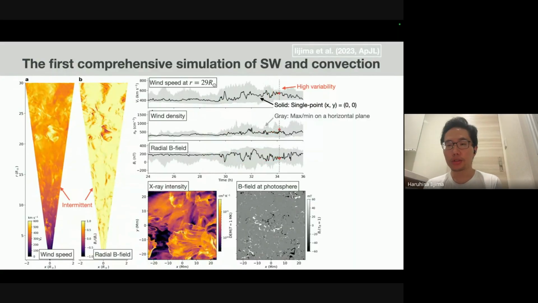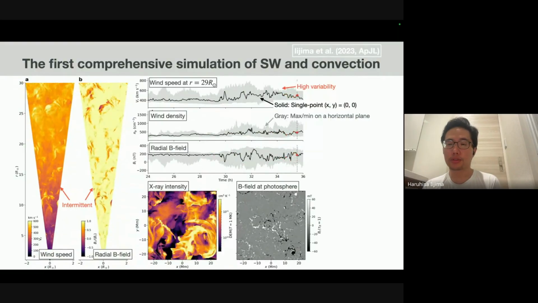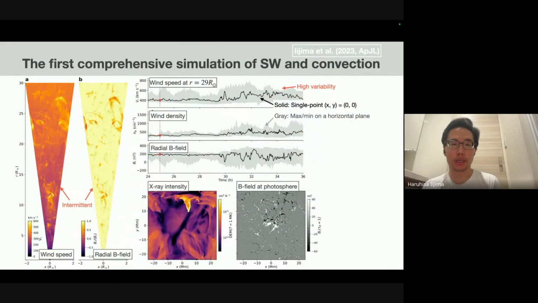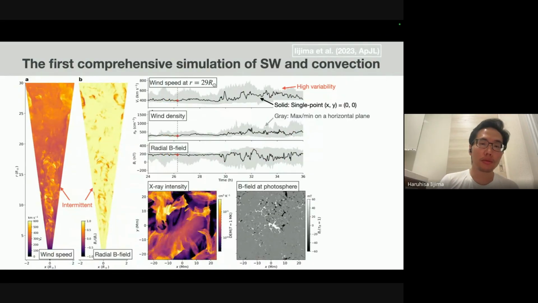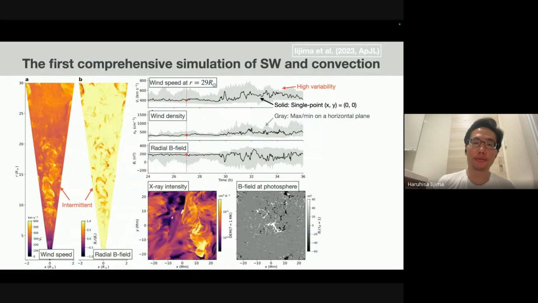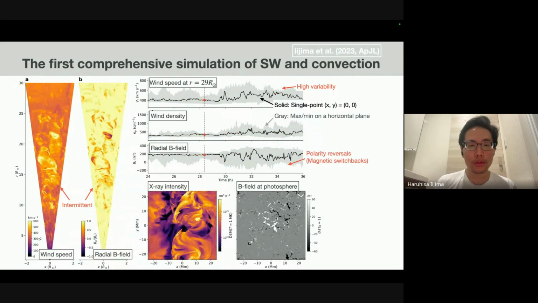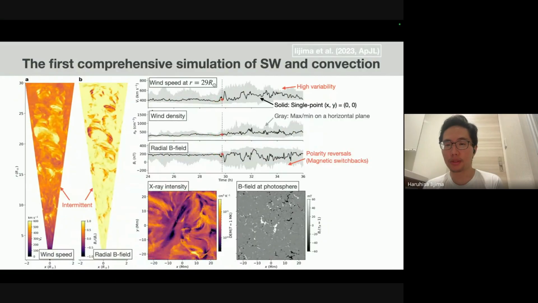The solid line shows the single point observation, and the gray shaded region shows the maximum and minimum range on the horizontal plane at the same height. The top panel shows the higher variability, and the wind density also varies greatly in time.